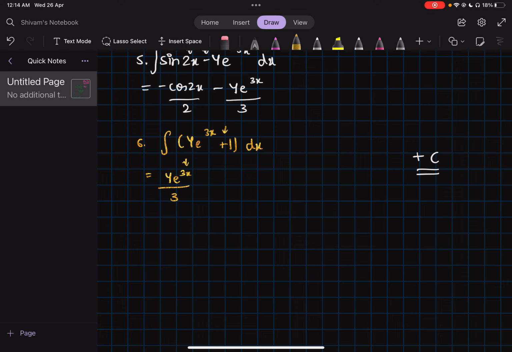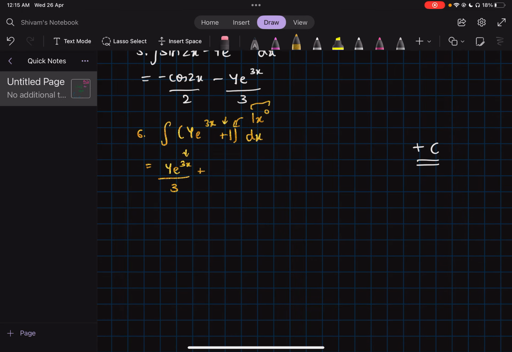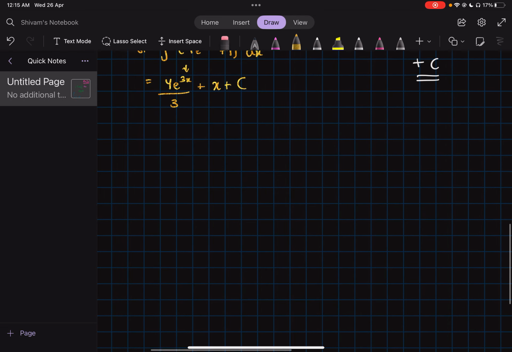And for the 1, this can be thought of as 1 times x to the power of 0, and then we're gonna use the power rule. So it just becomes 1x over 1, but I'm not gonna write the ones. So it's just an x plus c, and that is your answer. All right.